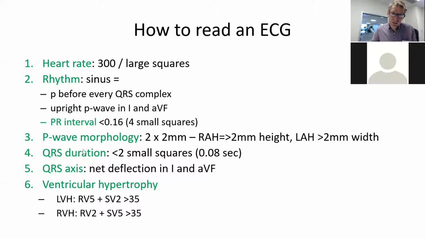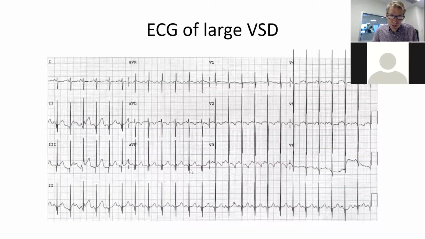The next thing is the QRS duration. Can you see the duration? It's probably a bit less than 2 small squares, isn't it? It's a normal narrow QRS complex, not a widened QRS complex.